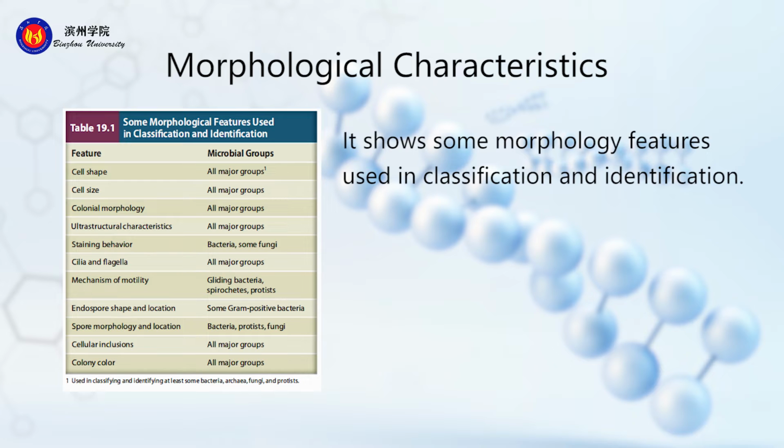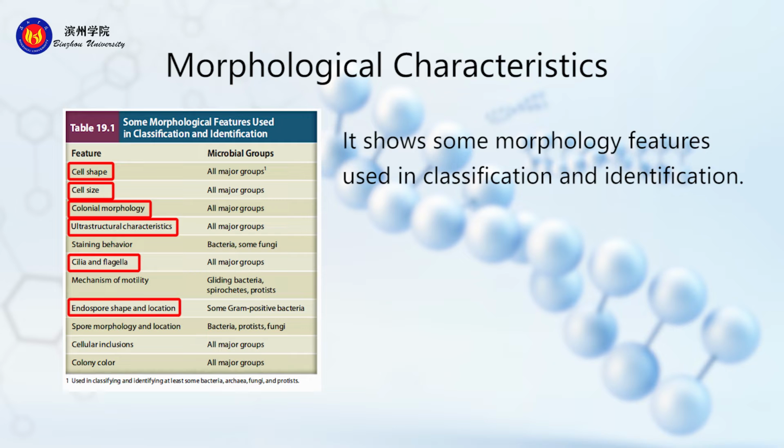It shows some morphology features used in classification and identification, such as cell shape, cell size, colonial morphology, ultrastructural characteristics, cilia, endospore shape and location, spore morphology and location, and so on.